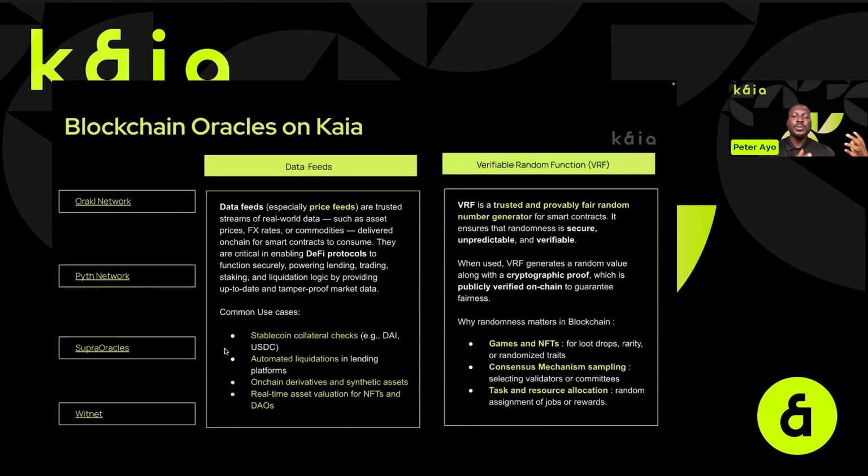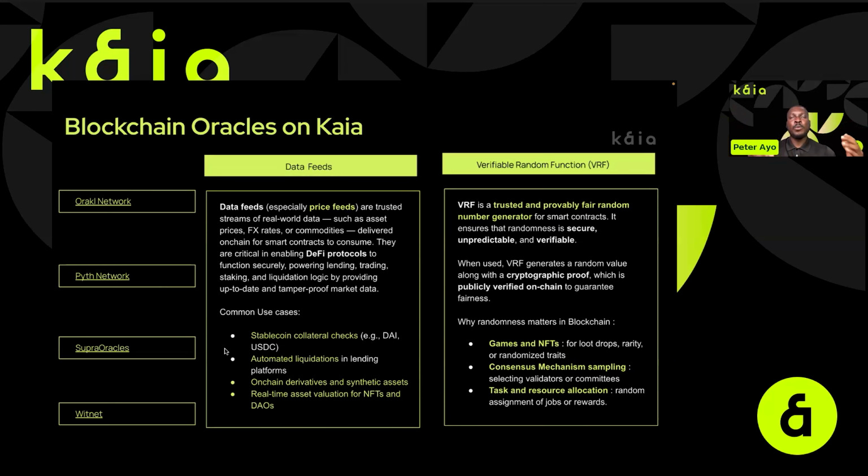Now, what are the common use cases? I wrote here stablecoin collateral checks. You want to be able to check if the current USDC rate is pegged to the actual dollar rate. Automated liquidations, on-chain derivatives, real-time asset valuation for NFTs and DAOs. So this is one of the major services that oracle providers provide: price feeds.